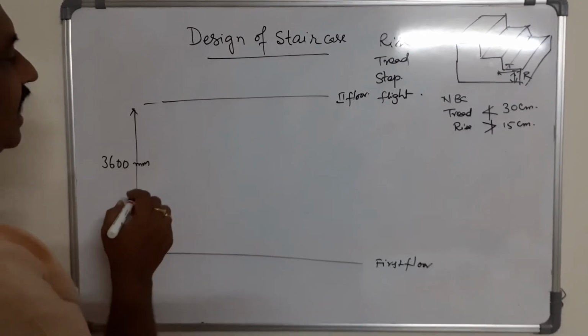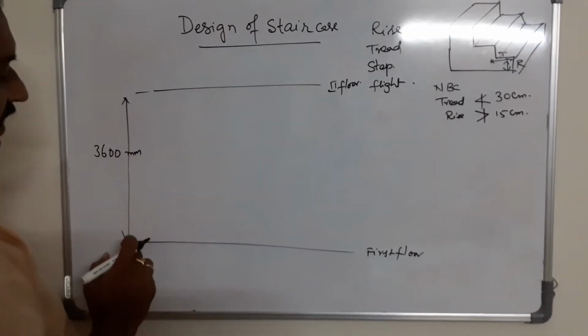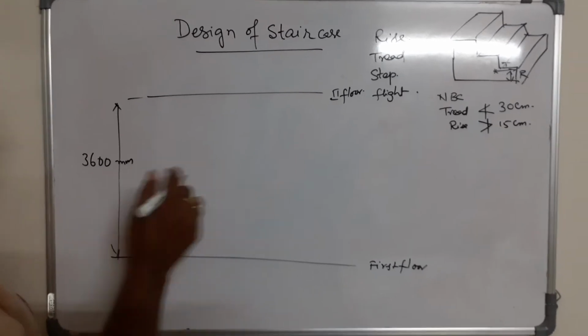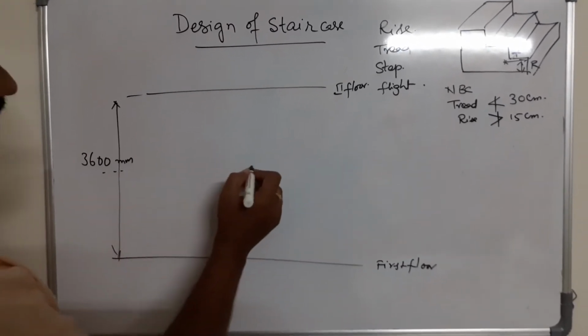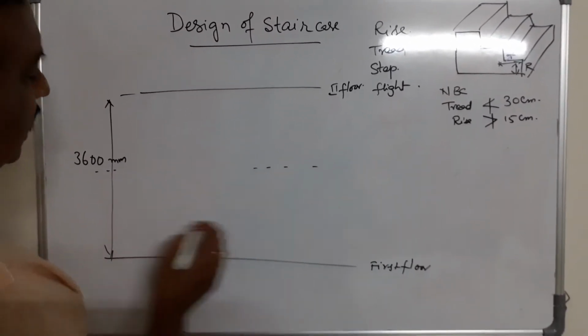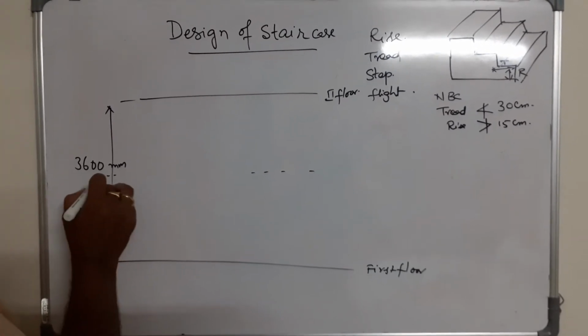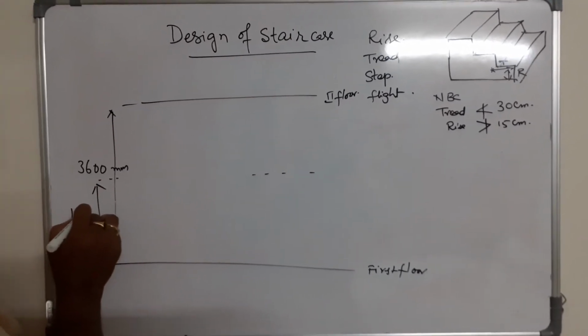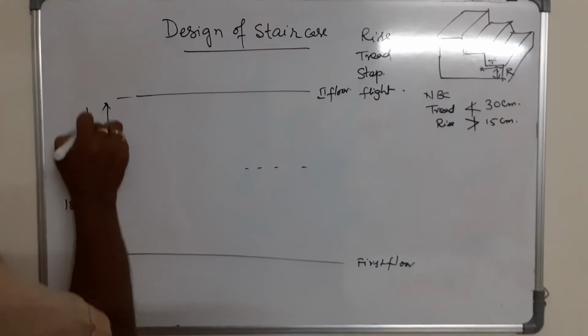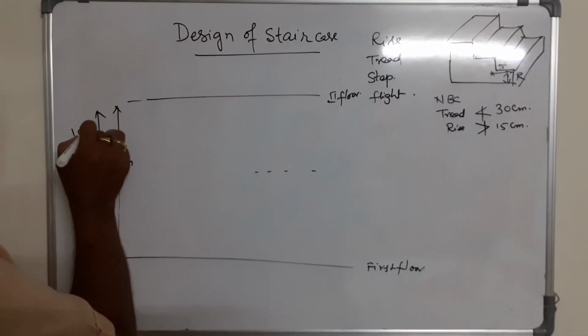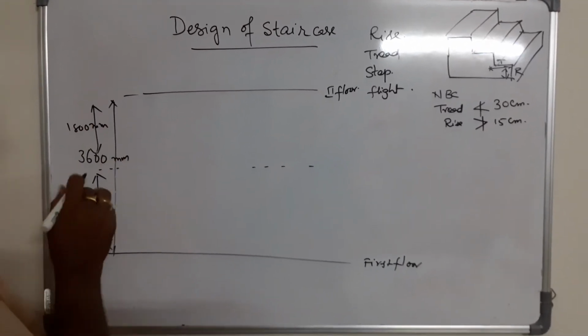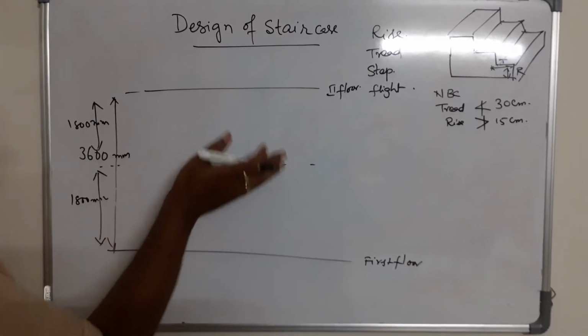What I do is I divide this entire floor height into two equal parts, so that I get 1800 mm and 1800 mm. I am dividing the floor into two equal parts.